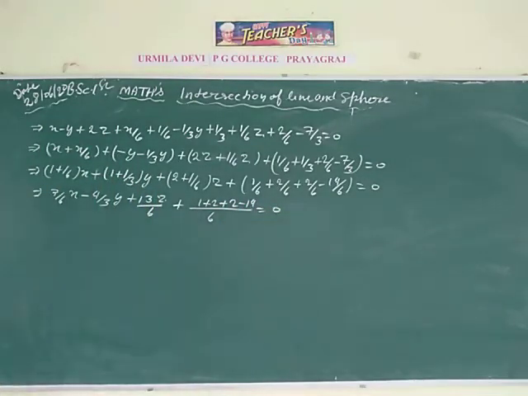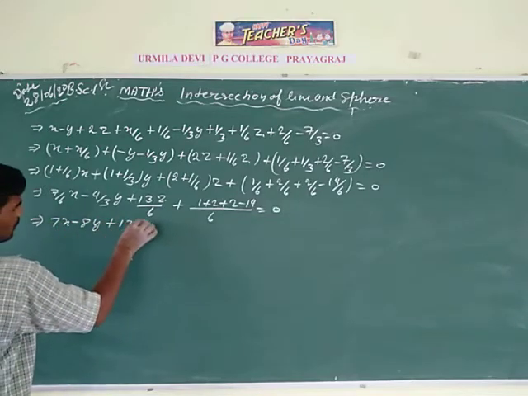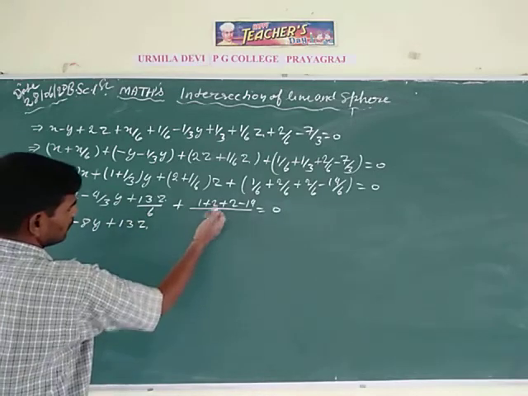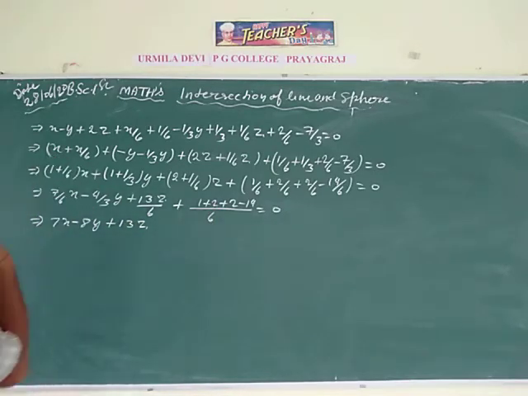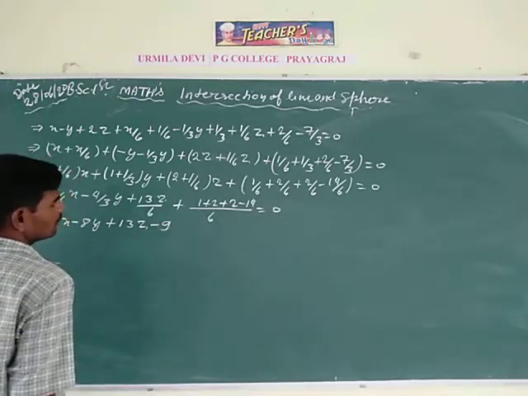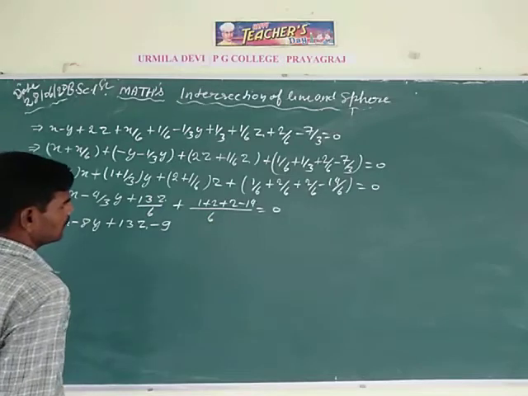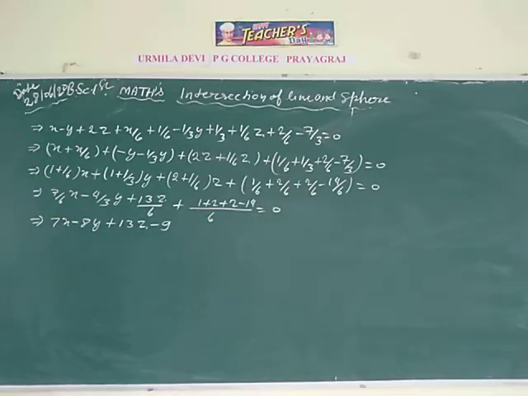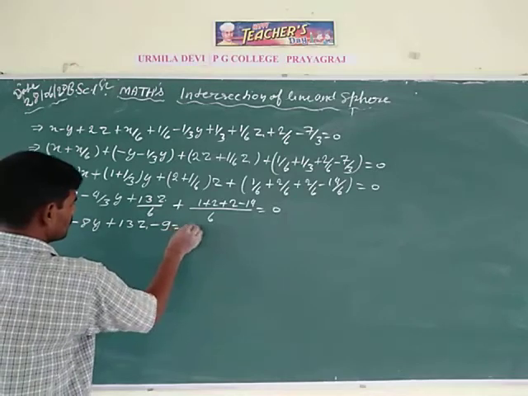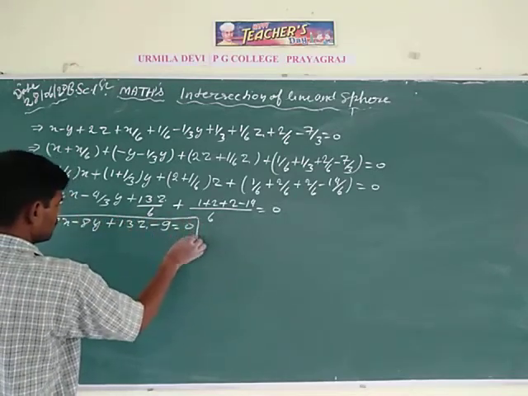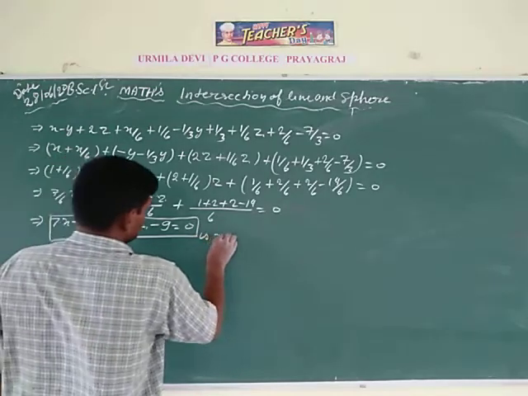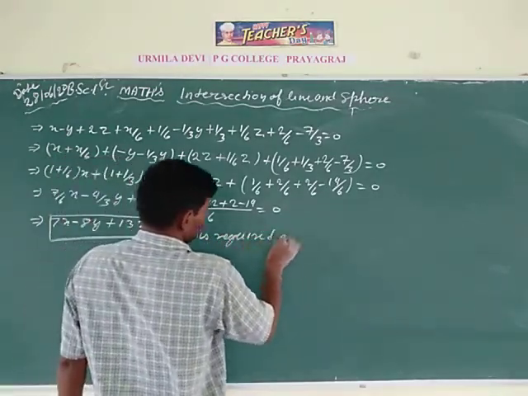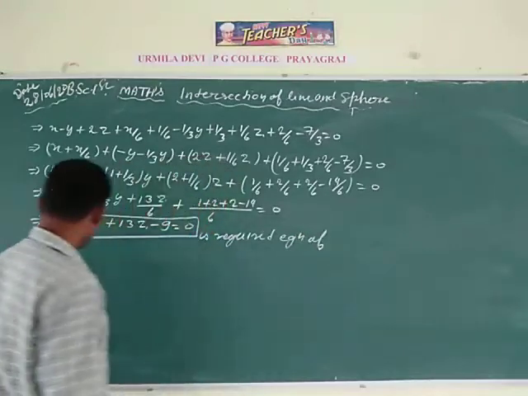So 6 taken as LCM from all fractions: 7x minus 8y plus 13z minus 9 is equal to 0. This is the equation of the tangent plane, the required equation of the tangent plane.